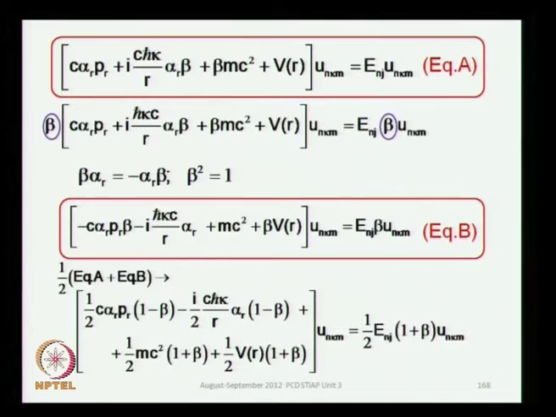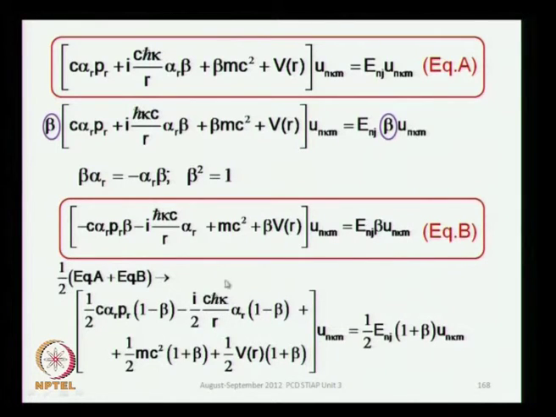And likewise, if you take the next two terms, which has got i c h-bar kappa over r, which is what you have here as well, but then this is with a plus sign and this is with a minus sign, and this has got a beta, this one does not.